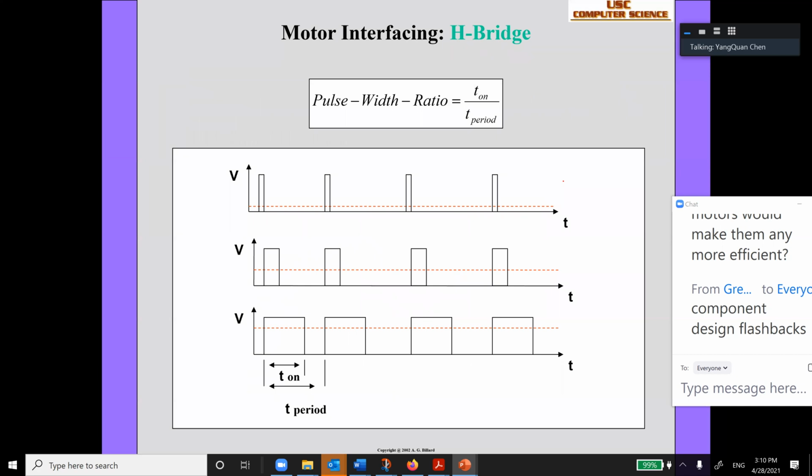For example, the pulse width ratio is basically the duty cycle, on time versus period. That duty cycle is proportional to the level of this dashed line. If you use a Fourier series expansion, you have a constant term like the average, the DC component.